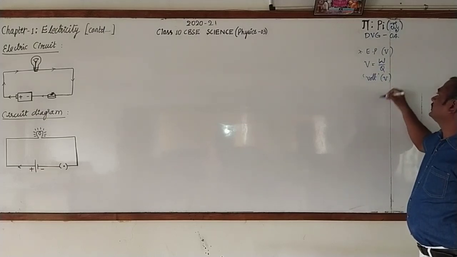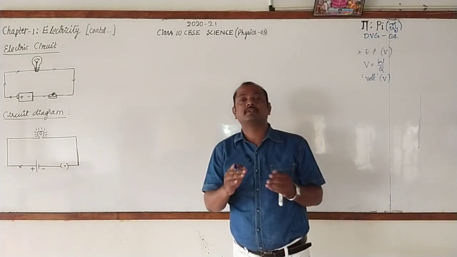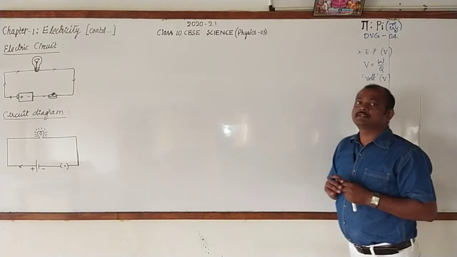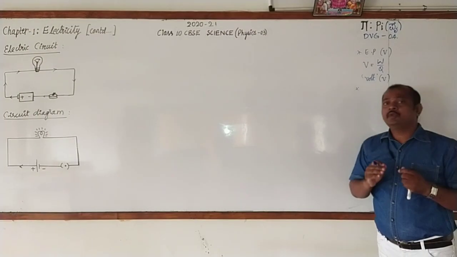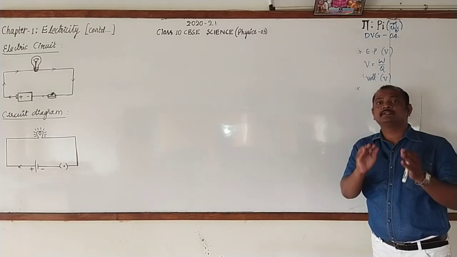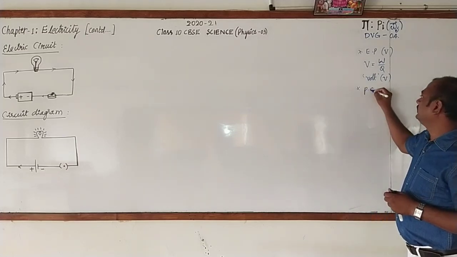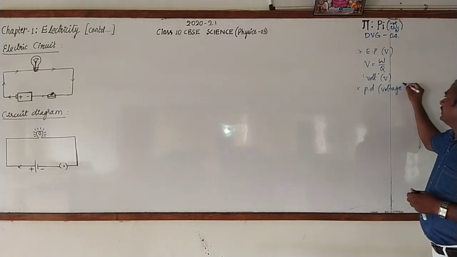The word volt has been taken from the name of the scientist Alessandro Volta. We are also very familiar with the word voltage, which is nothing but potential difference. Then what is potential difference?